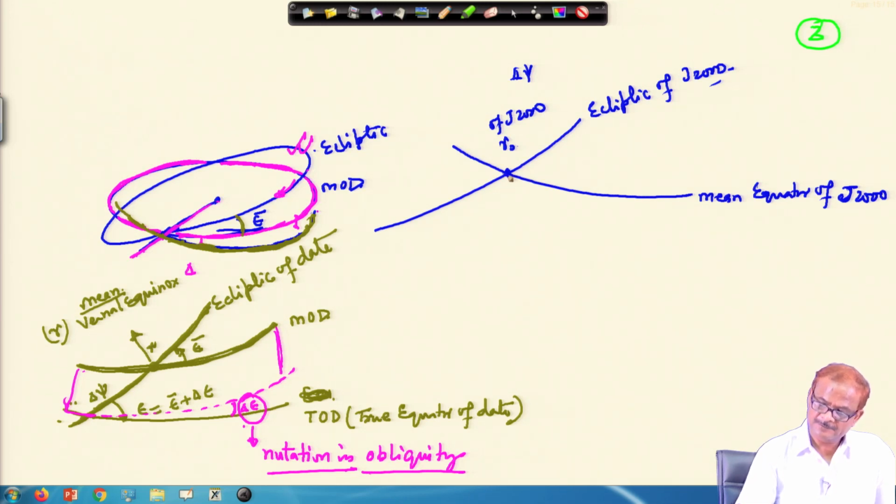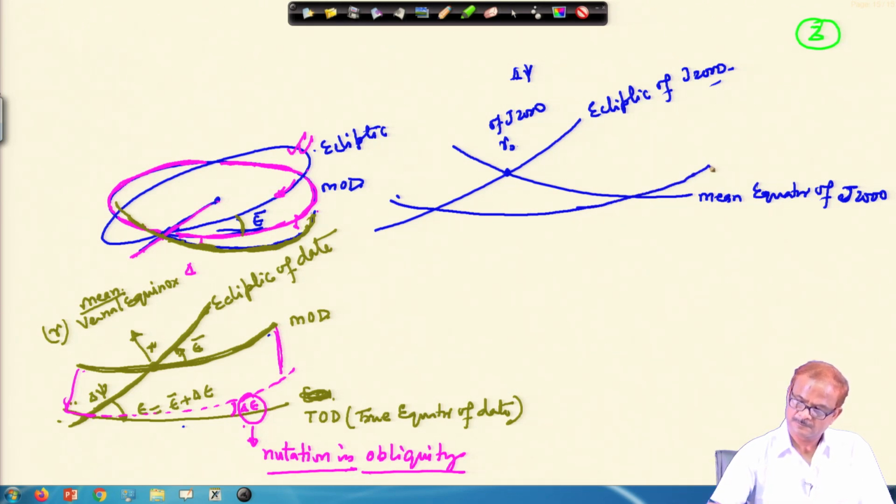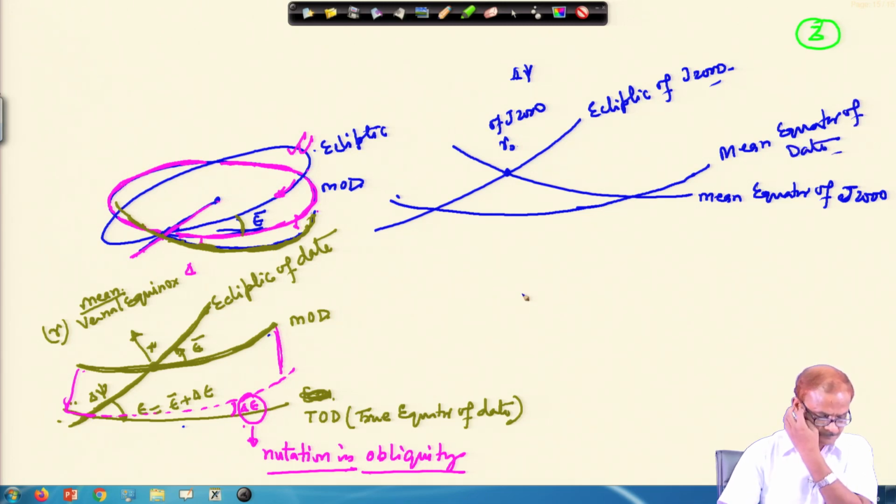From there we have given the precession correction, and by giving the precession correction we got to the point where we got the MOD. So, MOD we have shown here like this. This is the mean equator of date, and this angle we have shown by theta.